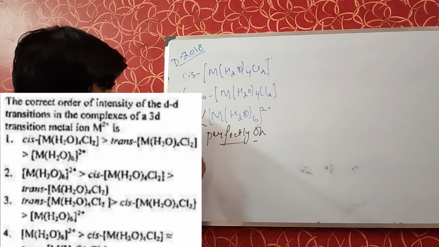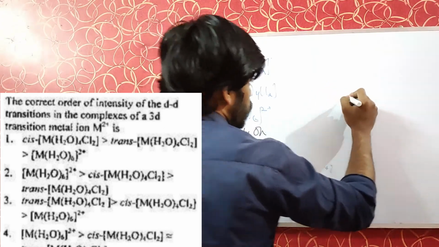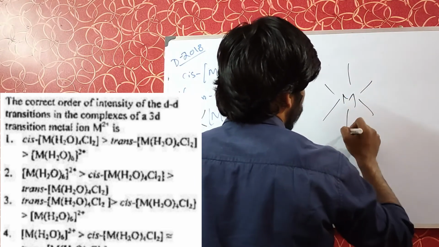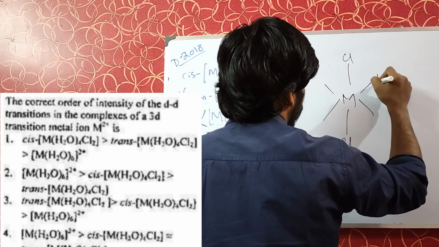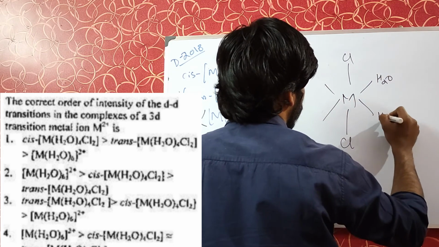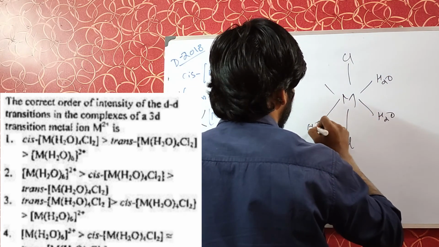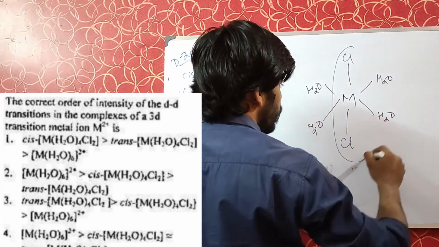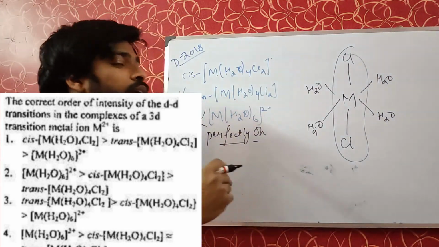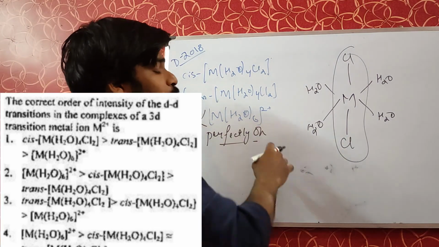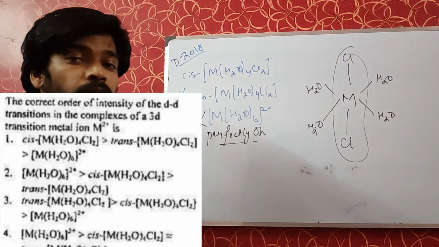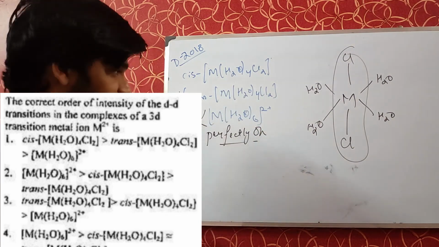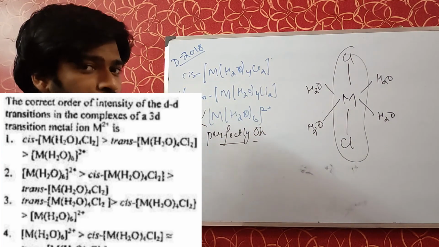Now in case of trans, the structure would look something like this. You have water and you have Cl. Only in the case of asymmetric stretching of the two Cl bonds, there will be momentary loss of the center of symmetry, and in that case the DD transition will be allowed, and there will be some intensity to it.